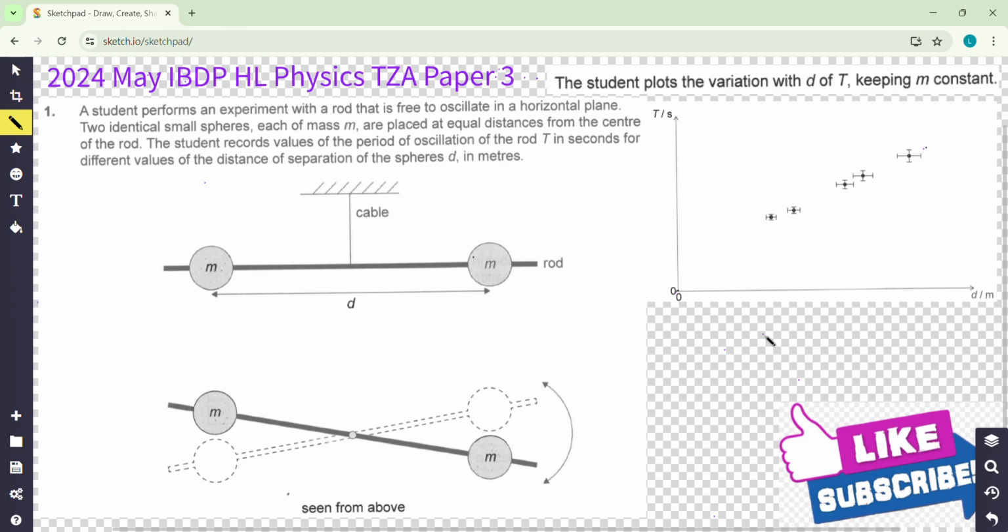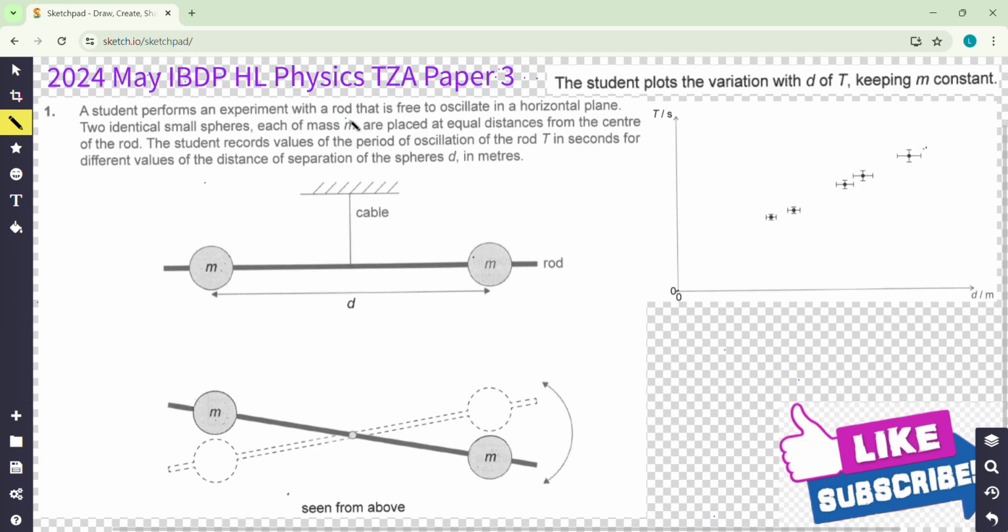Question number 1 is about oscillation. Remember, all these experiments you haven't done; it's completely new to you. You just need to understand the variables, the procedure, the graph, and that's it. No theory is required. This is an oscillation experiment.